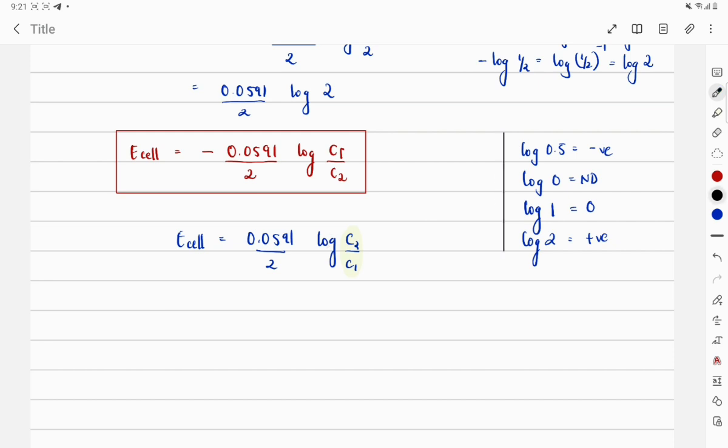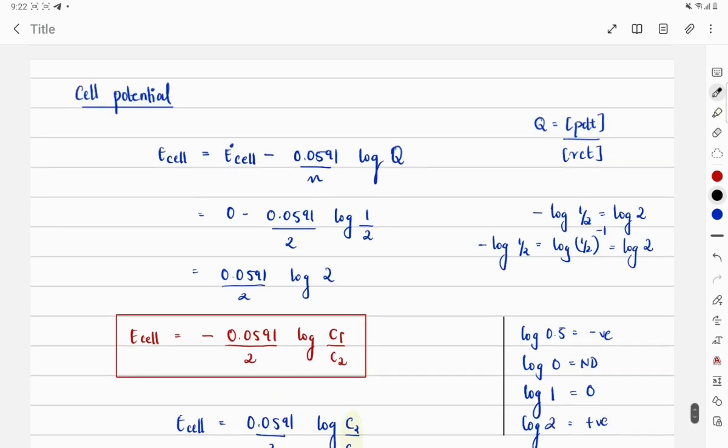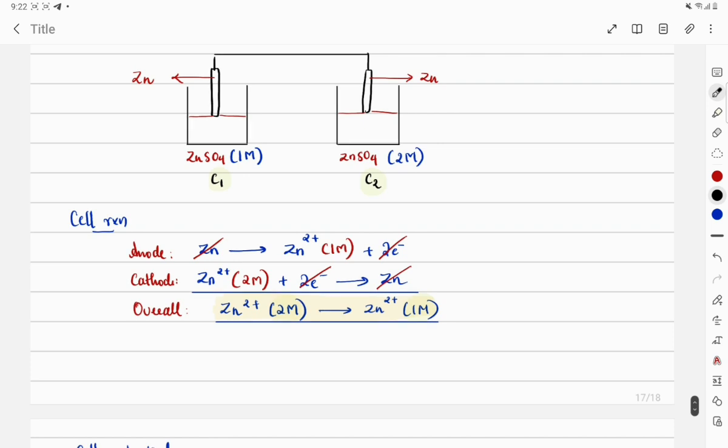This thing you have to definitely know. Which means if log C2 by C1 should be a positive value, C2 should be greater than C1. So in this case, for your cell to be functioning and the reaction to be feasible, the concentration of C2, which means the concentration of cathode, should be greater than concentration of anode.